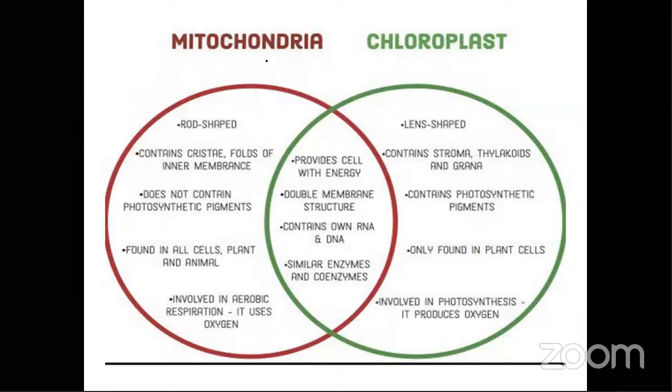Both are double membrane structures, both have their own DNA and RNA, and they have similar enzymes and coenzymes, because both of them are producing energy. That's why. Then this is important, the endosymbiotic theory.